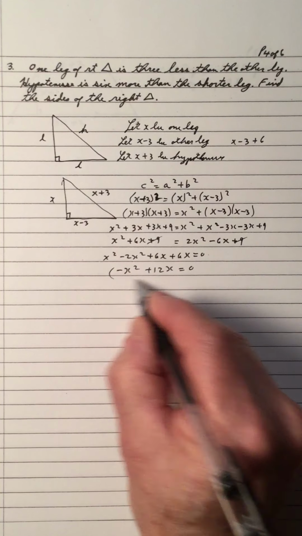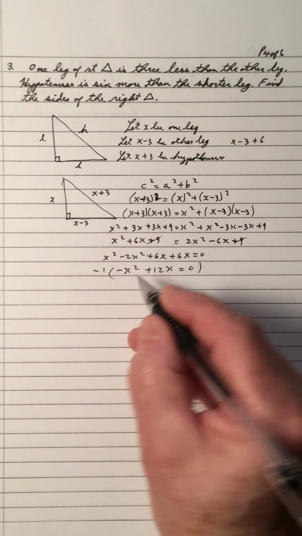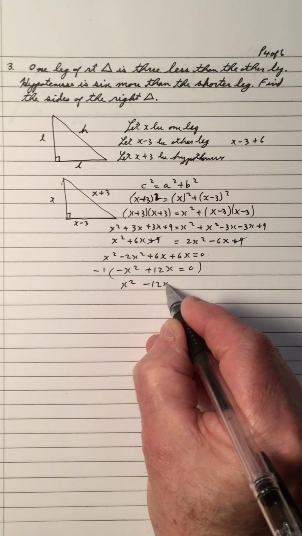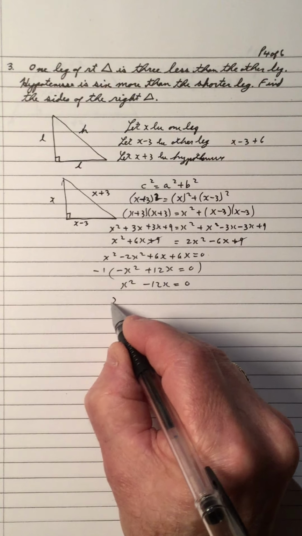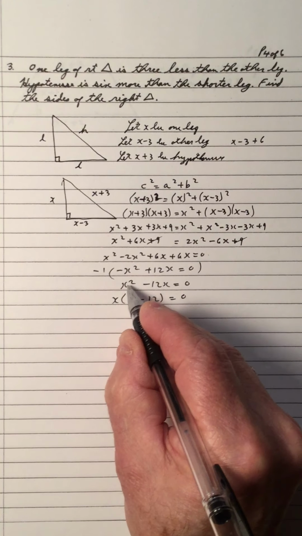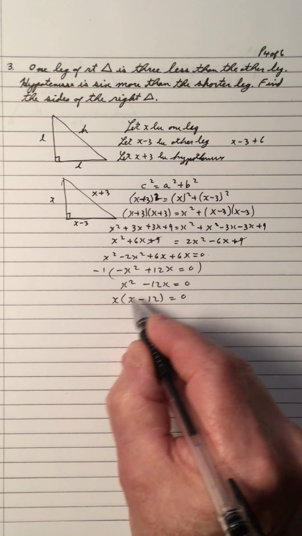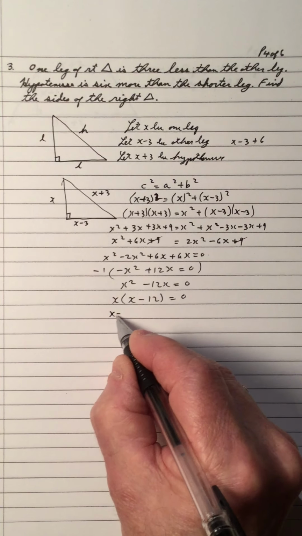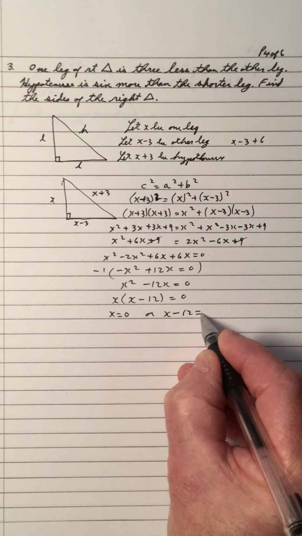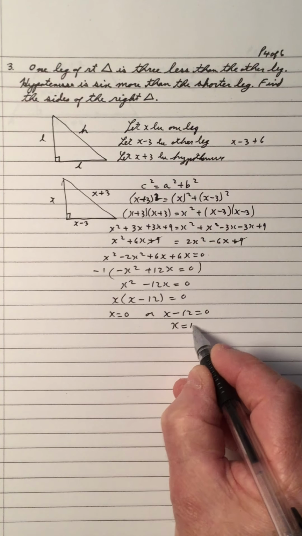And I can multiply by negative 1 if I want, or I can take a negative 1 out. Negative 1 gives me x squared minus 12x equals 0. X is the GCF, so I'll take the x out. X squared divided by x is x. Negative 12x divided by x is negative 12. x equals 0, or x minus 12 equals 0, so x is equal to 12.